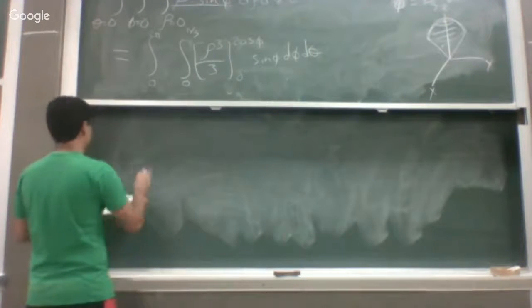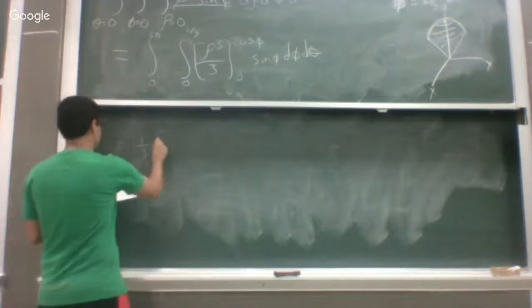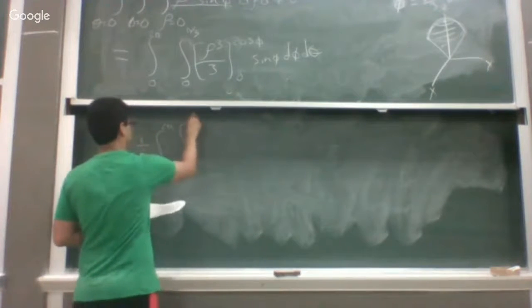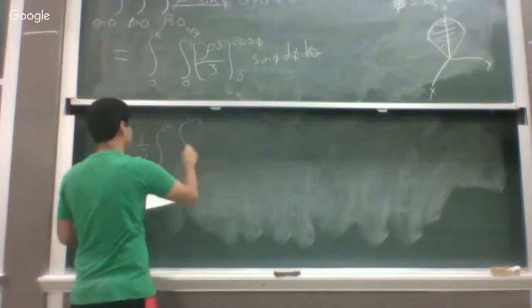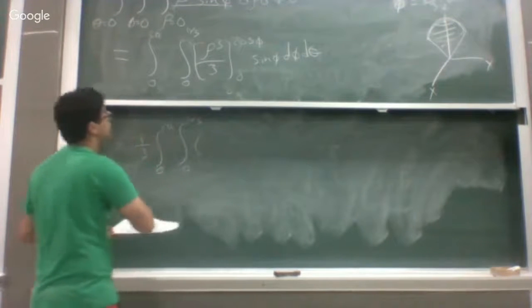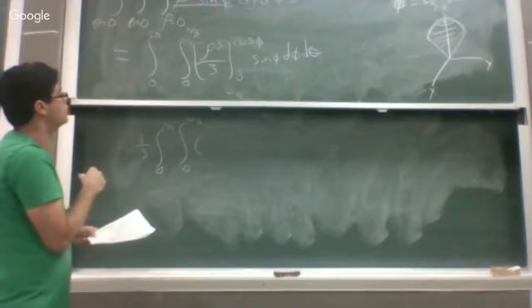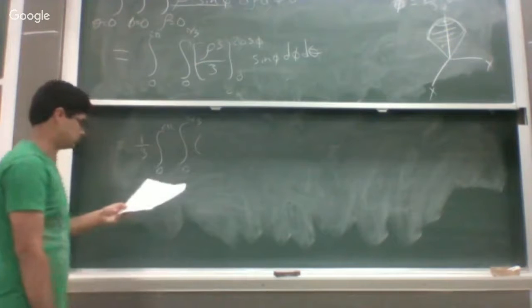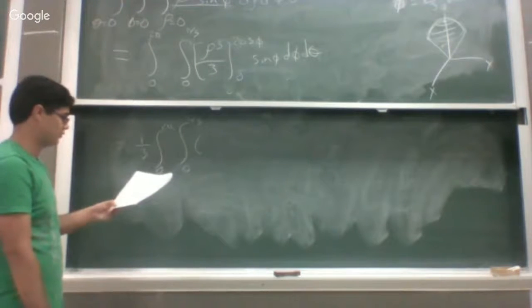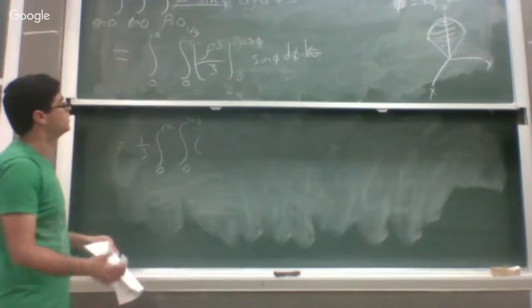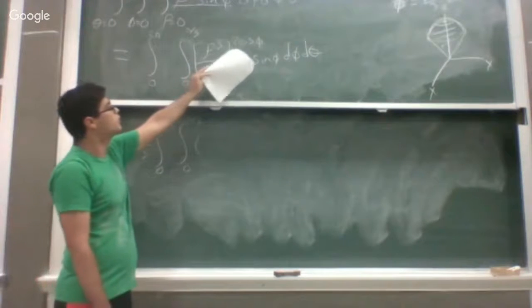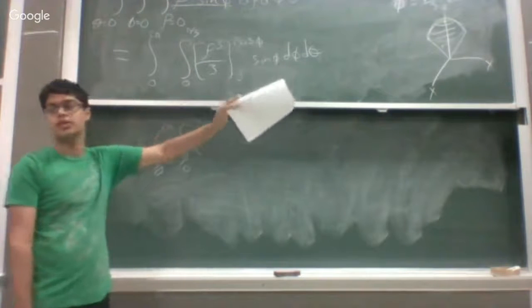Okay, so this is equal to 1/3, going from 0 to 2 pi, going from 0 to pi over 3. So what would this be? 2 cubed is 8, right?